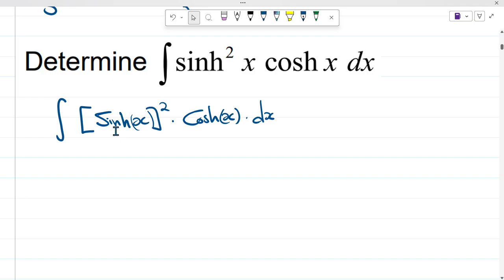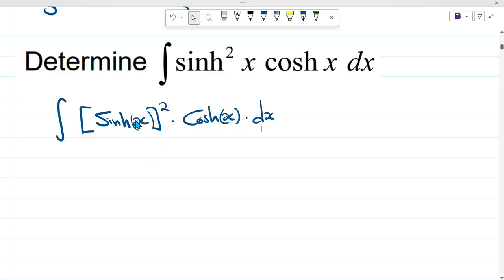Then you make hyperbolic sine of x your f of x, and will hyperbolic cos of x be f prime of x? So then you'll see that this could work, because when we differentiate hyperbolic sine of x, hyperbolic cos of x becomes the derivative of this.